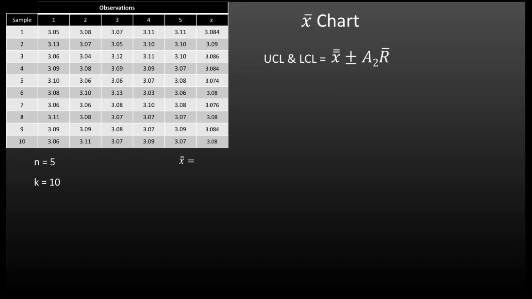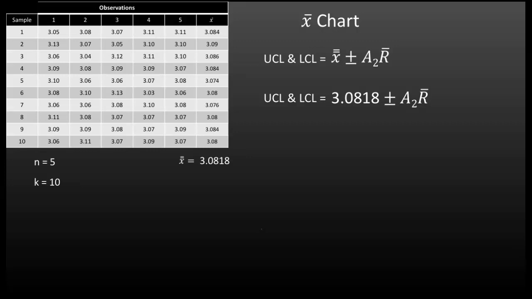Now, to find X bar bar, we need to take the mean of those means. So we need to average all of our X bars. So if we average all of the X bars in this problem, we will end up with an X bar bar of 3.0818. So now we can plug that into our formula. So at least we know our X bar bar now.